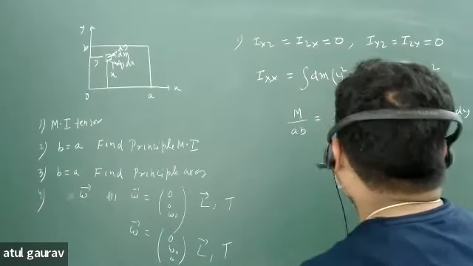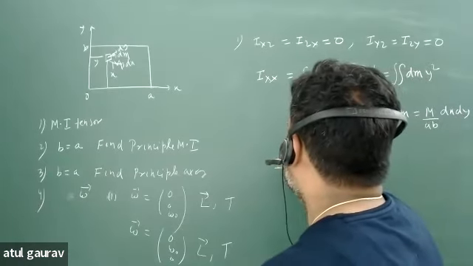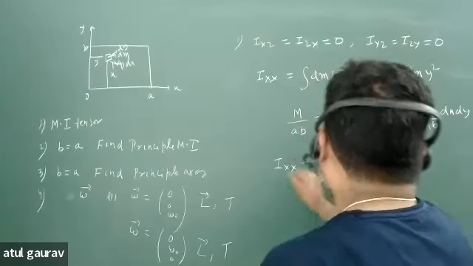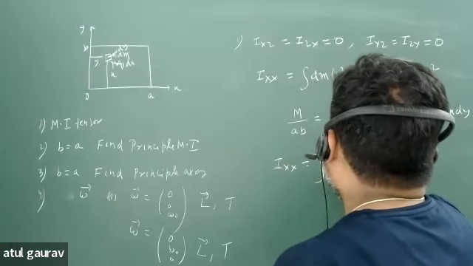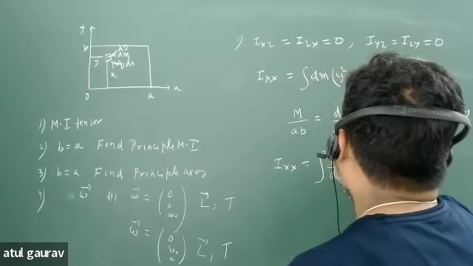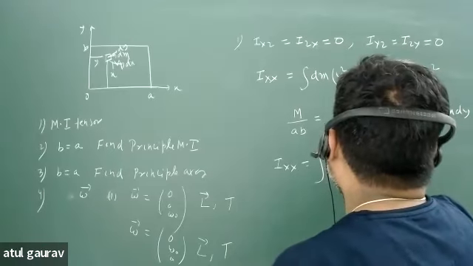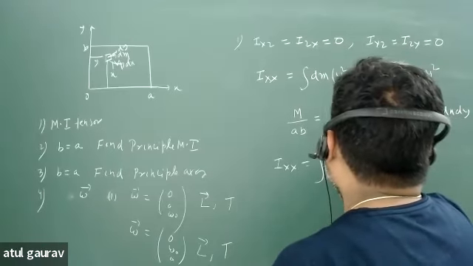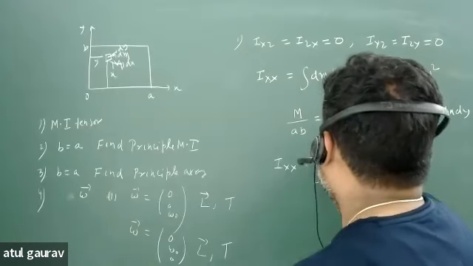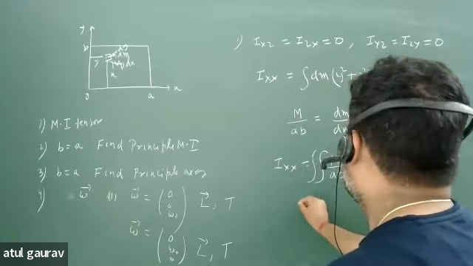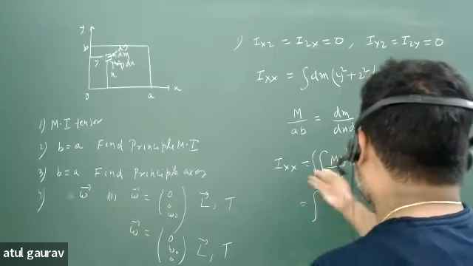Okay, so my Ixx is basically the integration of m upon ab, and here we have dx dy into y square, and we have to go for a double integral. This problem is very simple.